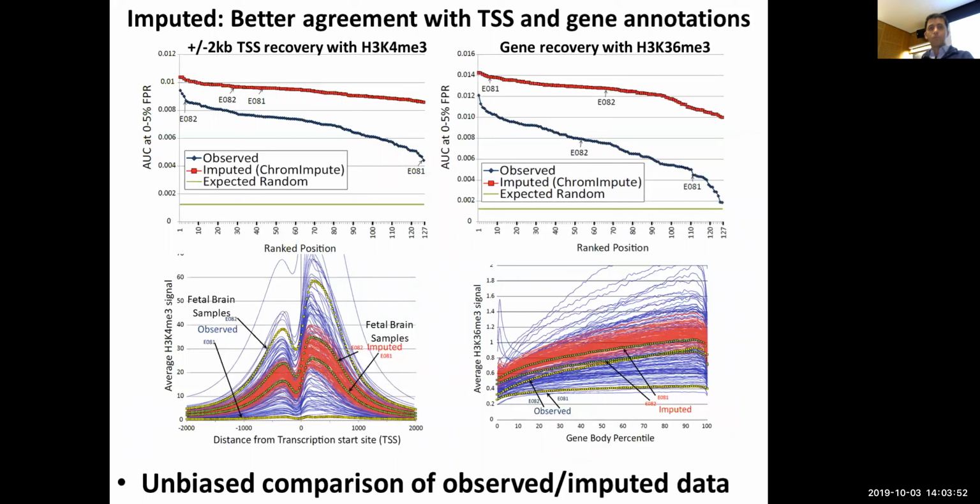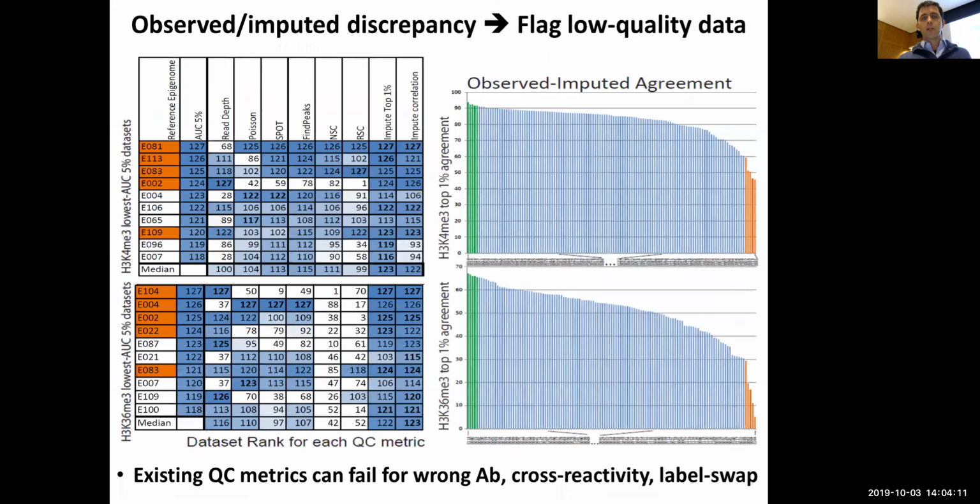So that was kind of weird. Then we said, let's look at how well they capture gene annotations, so transcription start sites and protein coding annotations. And imputed data is dramatically better than observed data at capturing known annotations, both for promoter regions and for transcribed regions, which is again quite mind-boggling.